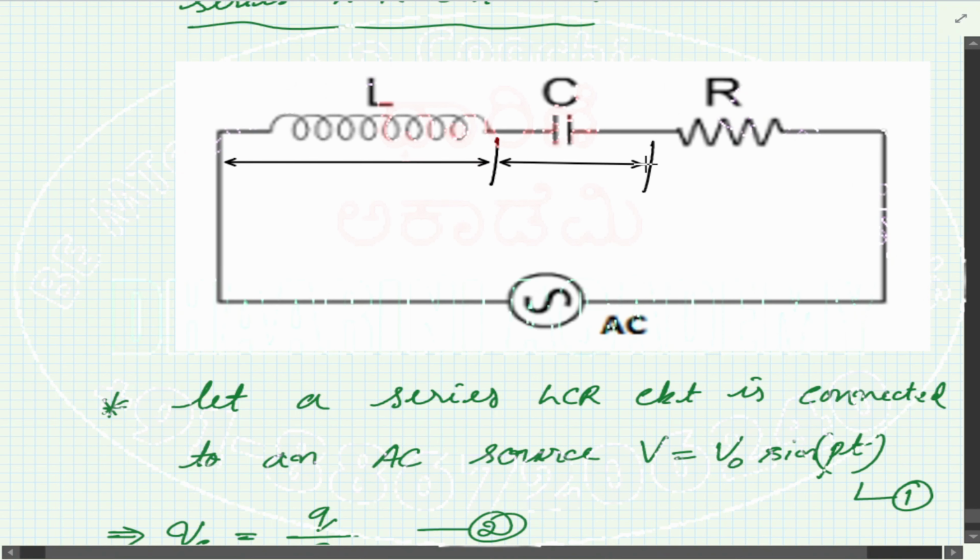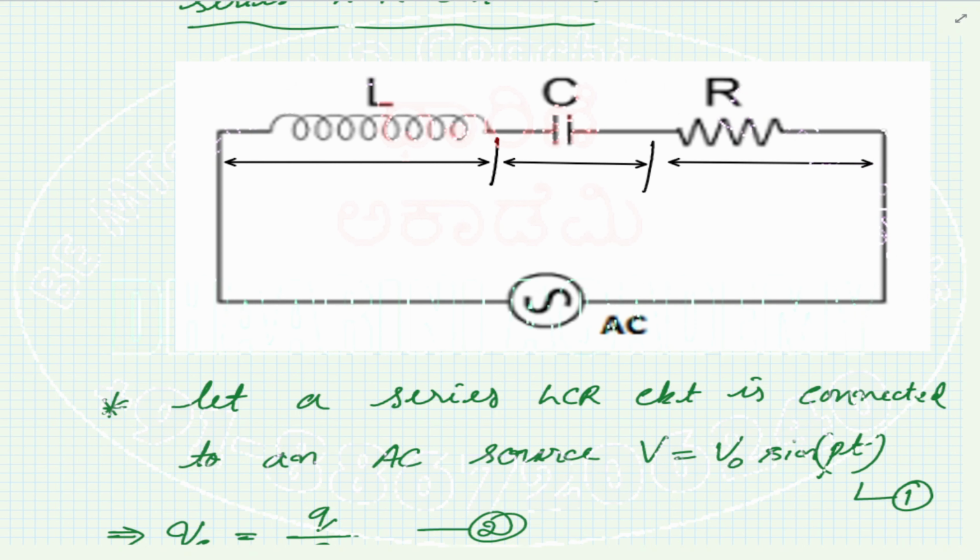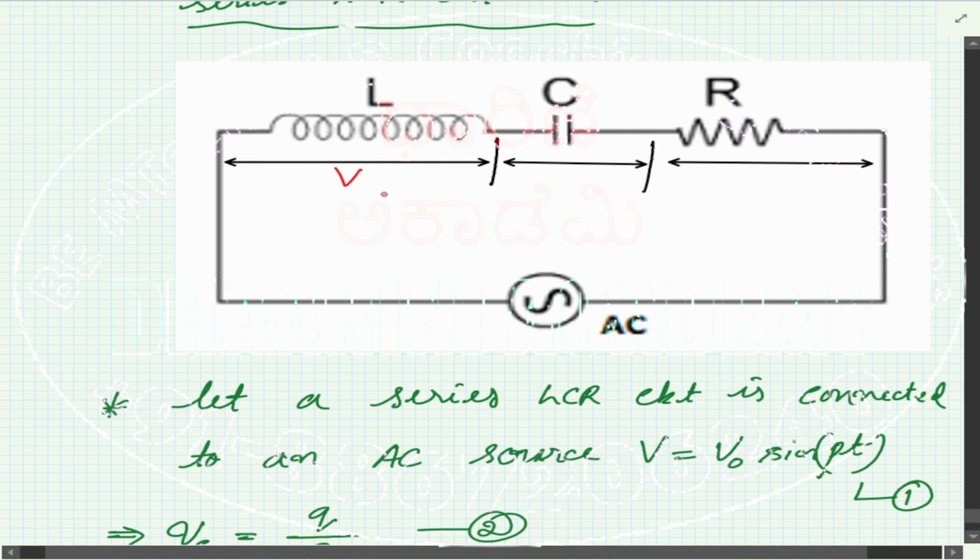This is the voltage across the capacitor, and this is the voltage across the inductor and resistor. We will denote this as VL, plus minus, so there will always be a polarity in the beginning. So this is plus minus VC and this is plus minus VR. They are the voltages across each of the devices.